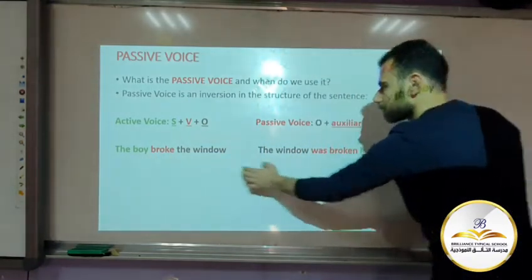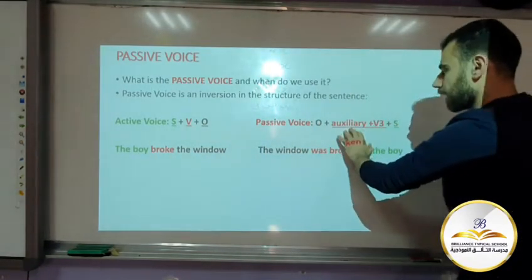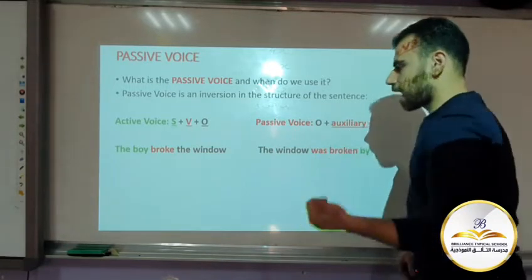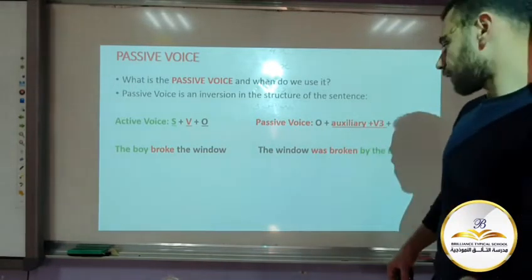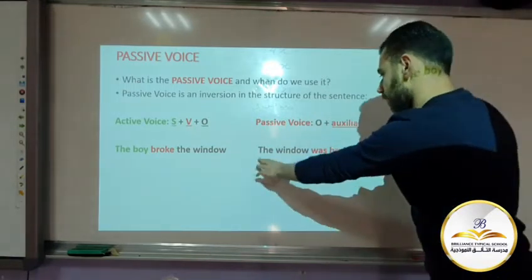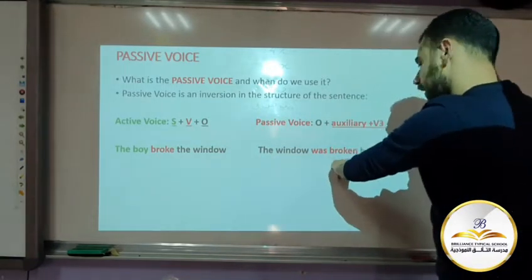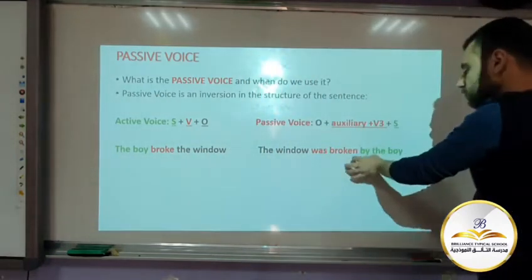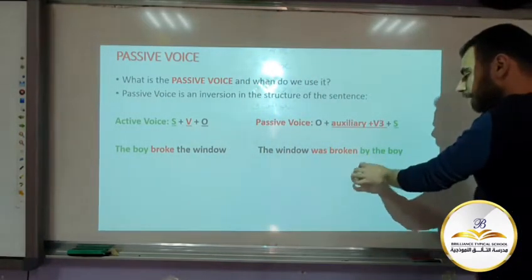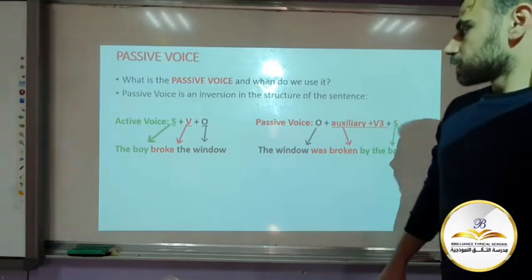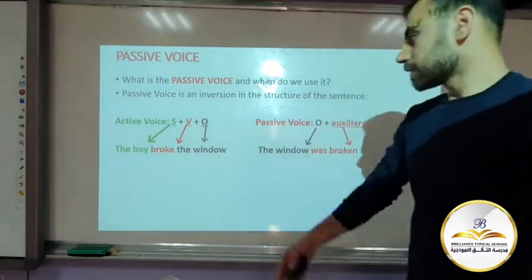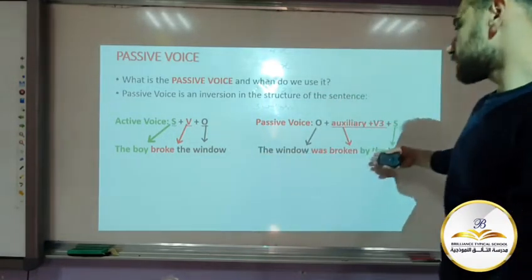We are going to add before it an auxiliary, which is the verb to be, which is am, is, are, was, or were. And so we are going to say the window was broken, and then we are going to add the subject, but I'm going to use by before it: by the boy.